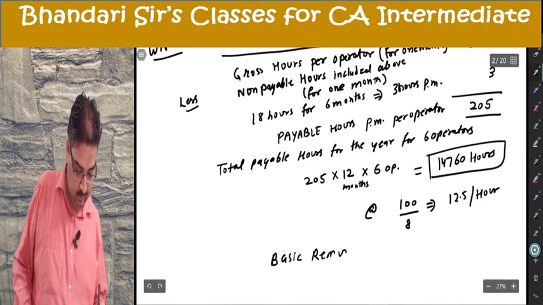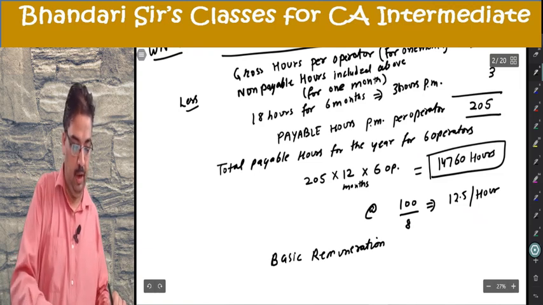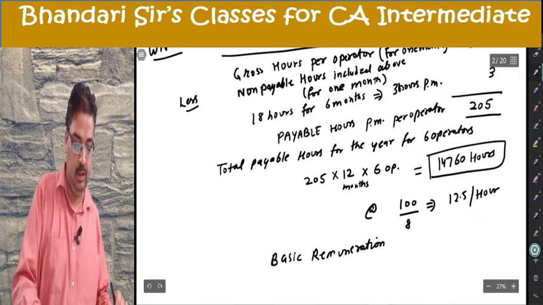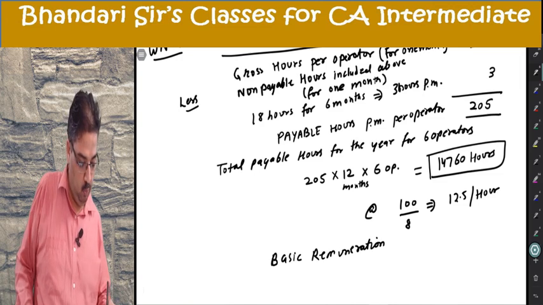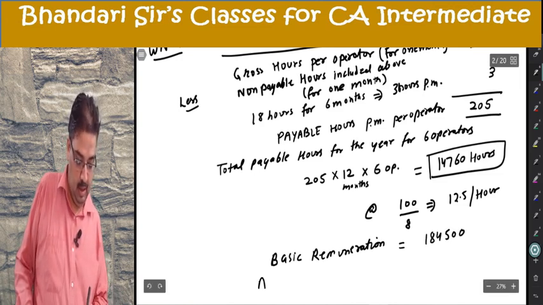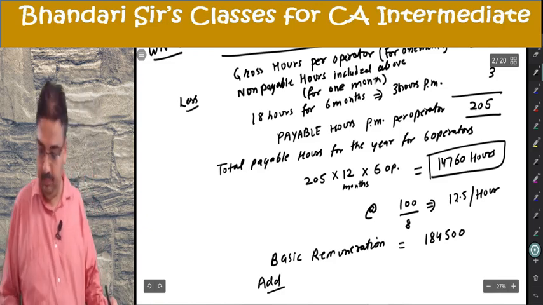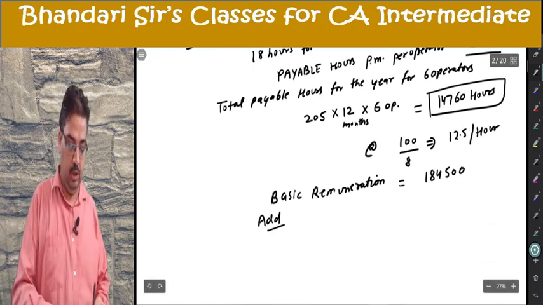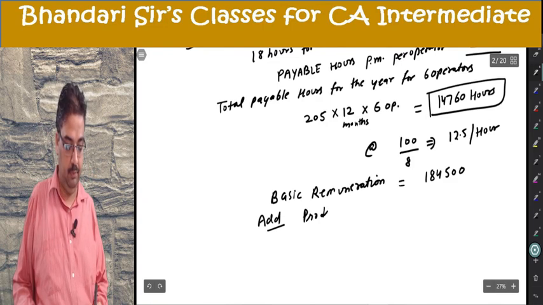Basic remuneration. 12.5 into 14760. 1,84,500. Add production bonus 10% thereof.